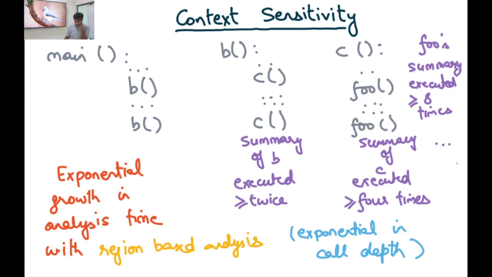And so irrespective of whether b called c here and then reached here, or whether b called c here and then reached here, we are going to have the same common points-to graph. So this is a precision improvement over having a single points-to graph for foo. Instead of a single points-to graph, I have 2 points-to graphs now. So it's a better improvement. At the same time, it is not as expensive as a region-based analysis, where you could have exponential growth in the analysis time.